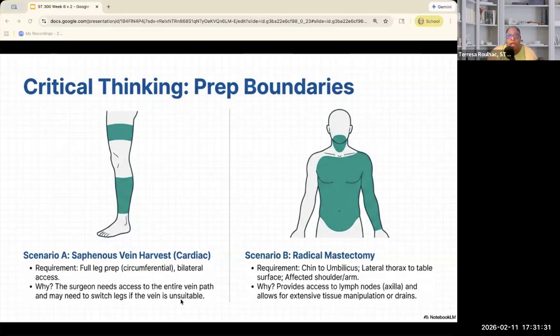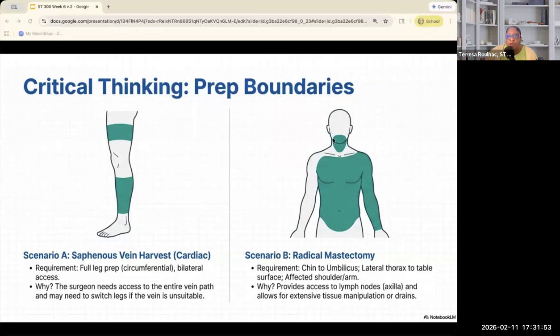Okay. And they do both because they may have to switch legs if the vein from the one leg is just not suitable or usable. So prepping only a small area limits options, and then it increases risks because now the drapes are down. What do we do? Right?